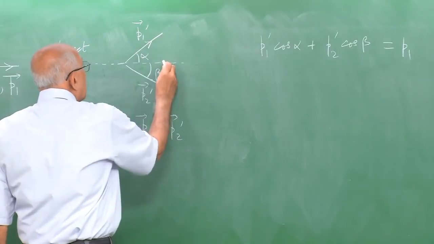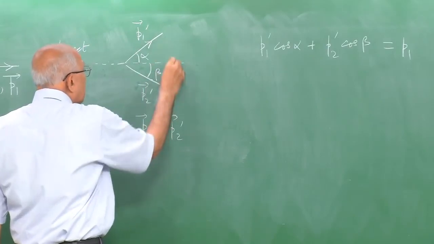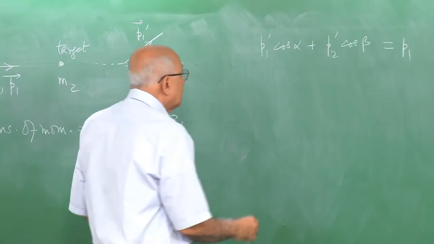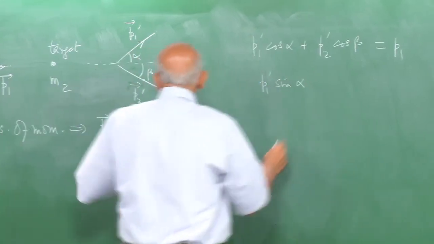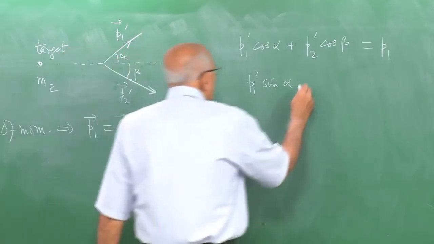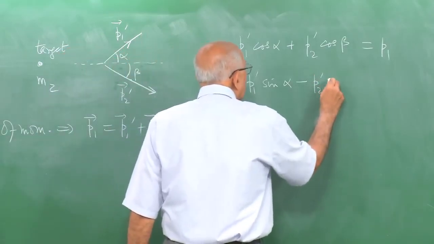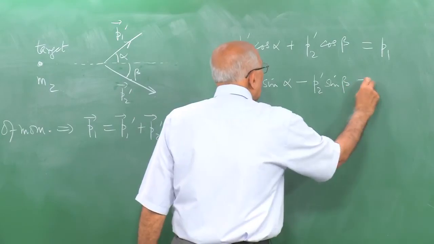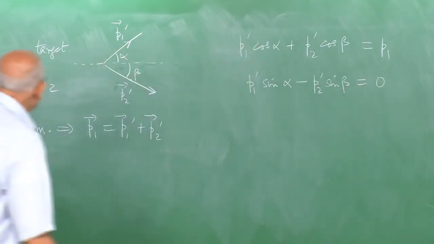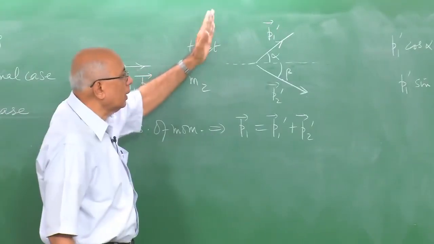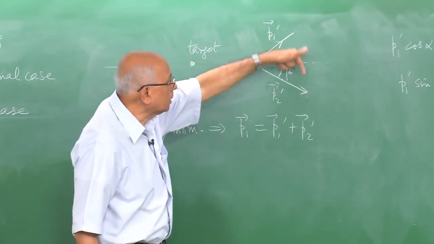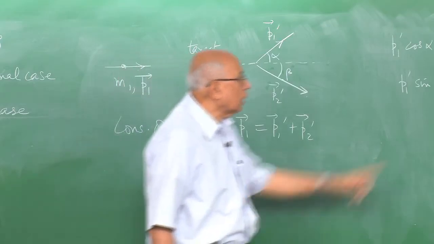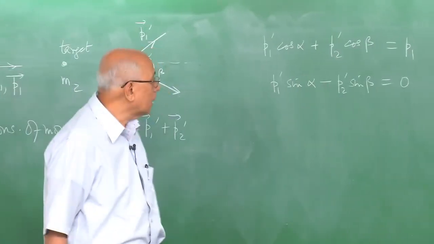Similarly, the vertical projections: this vector has a component upwards, this vector has a component downwards, and taking that minus sign into account, P1 prime sine alpha, that's the upward component, minus P2 prime sine beta is equal to 0, because the initial vector has no vertical component, and therefore I put 0 on the right hand side, but this one points downwards, the projection of P2, therefore I put a minus sign here. Okay.